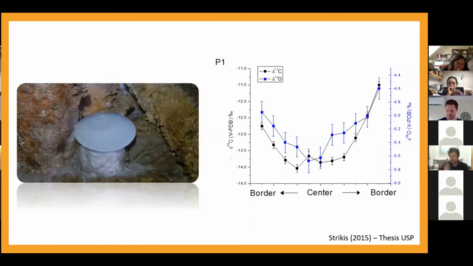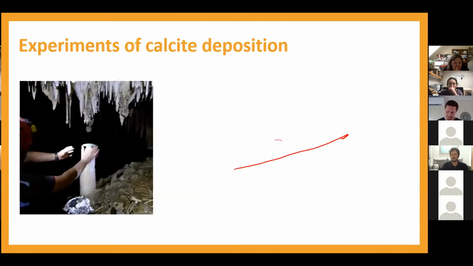This is particularly interesting because many effects, like the Rayleigh distillation effect when you're studying isotope fractionation factors, also happen here. If you look at the isotope concentration of carbon and oxygen across this substrate, we see isotope enrichment across the border. So it really reproduces what occurs on the surface of a speleothem.